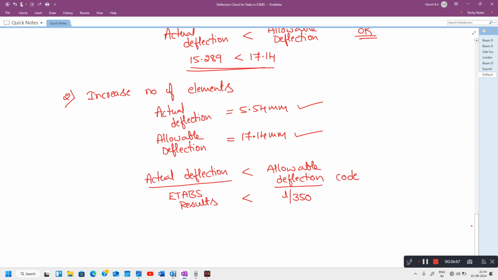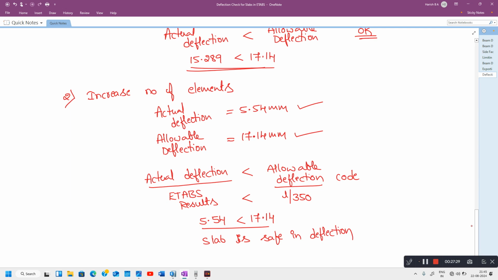So in the second case, the actual deflection is 5.54, which is less than 17.14. Hence you can say that the slab is safe in deflection.